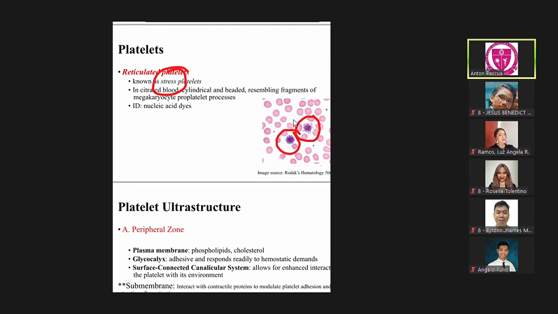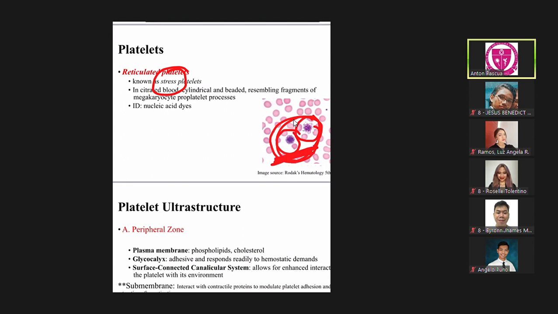And because of that, your platelets will not be fully mature enough. So that's why they may then appear to be larger. Okay? So it carries free ribosomes and fragments of your endoplasmic reticulum, which then allows your platelets to be larger than the usual size. Okay?